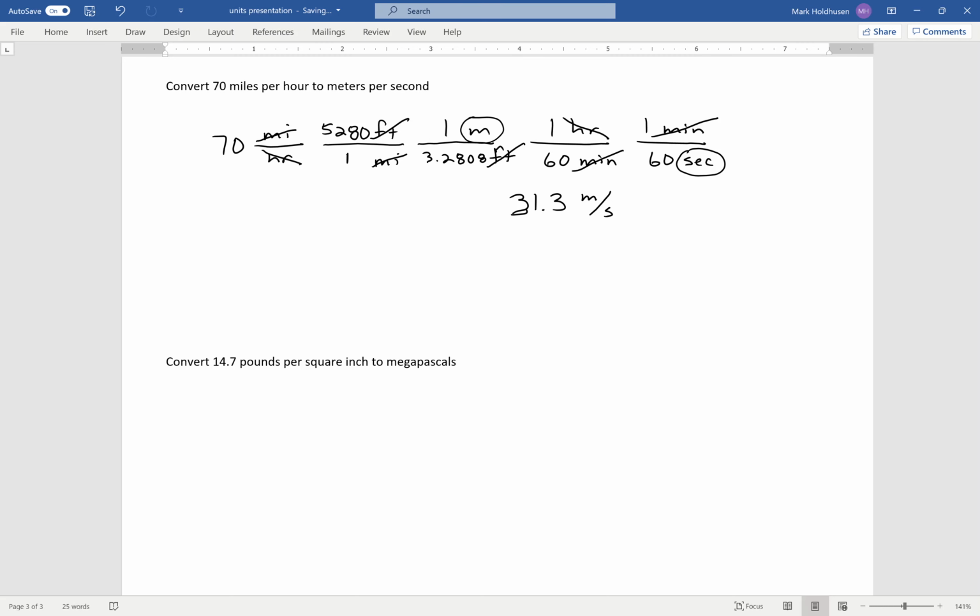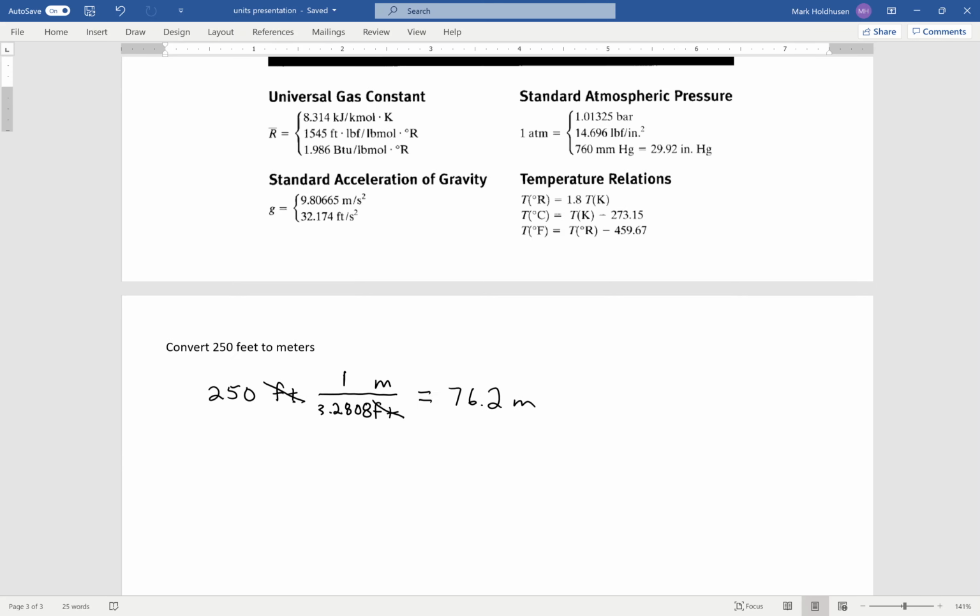Okay. Now let's go ahead and go from 14.7 psi, which is pounds per square inch, and let's go to megapascals. Okay, which first I'm going to go to newtons per meter squared. Okay, so pounds and newtons are forces.